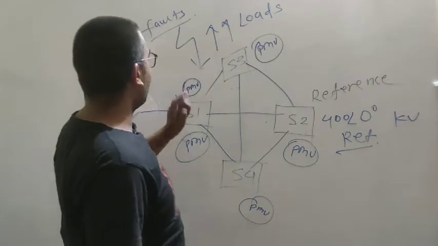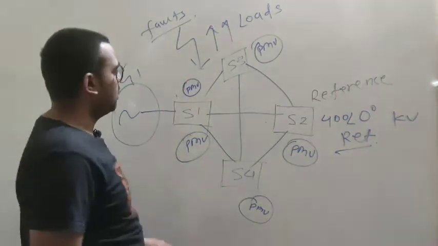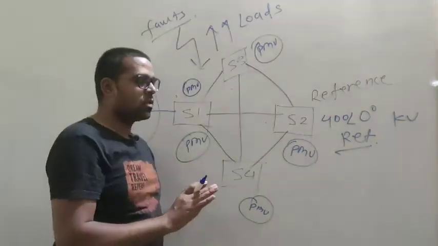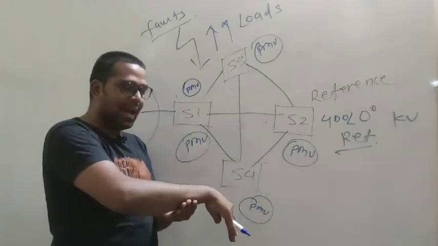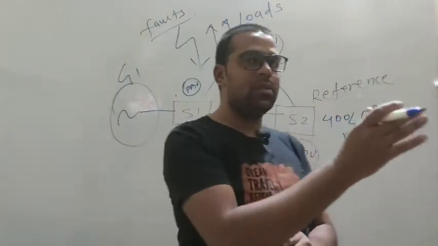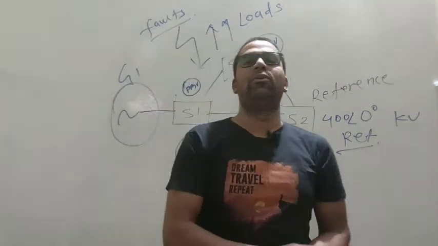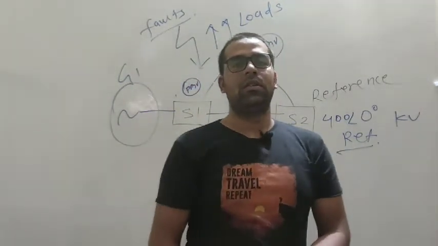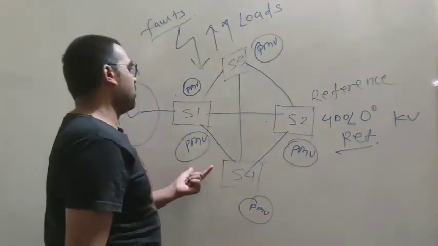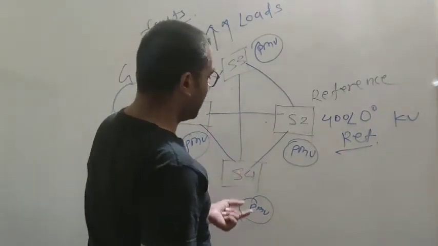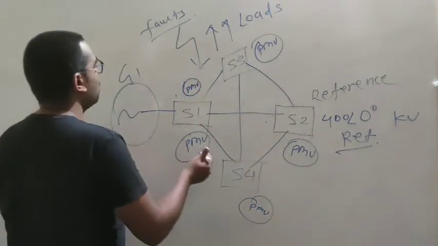Because of the fault, the voltage here will go down, and the current here will rise. Normally, because of the fault, the current value increases, and the voltage value decreases.